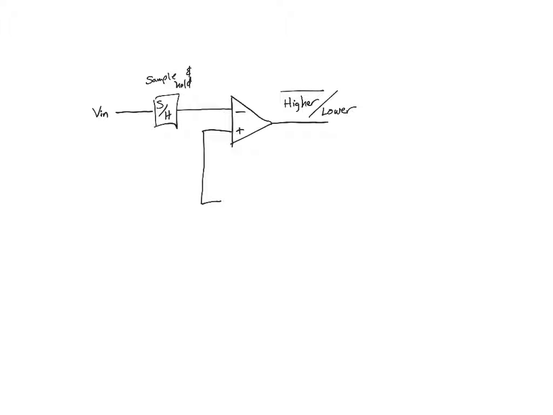In other words, if the output is positive, then V in is smaller than my estimate. I'll call this V dig, like I did in the previous thing. What this is going to do is now go to some logic, with a clock associated with it. And then this is going to be a whole bunch of bits right here.